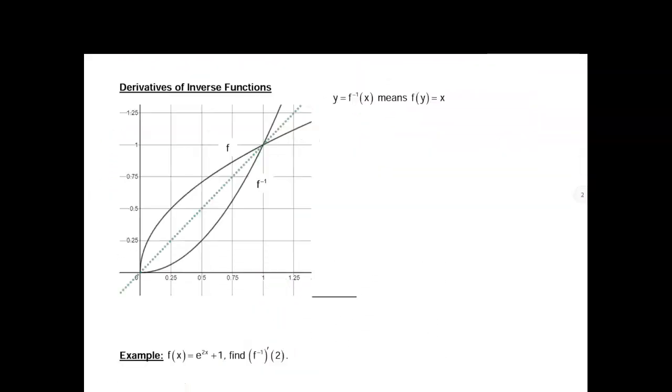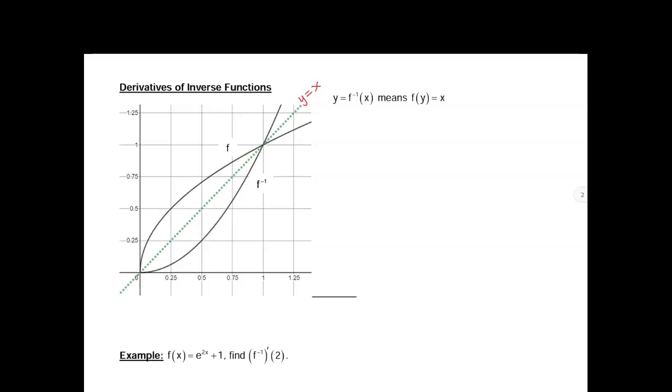And now for the derivatives of any inverse function. I have a graph here where function f is the top curve and f inverse is the lower curve. And I have drawn the line y equals x. The function and its inverse are always reflections of each other in the line y equals x.